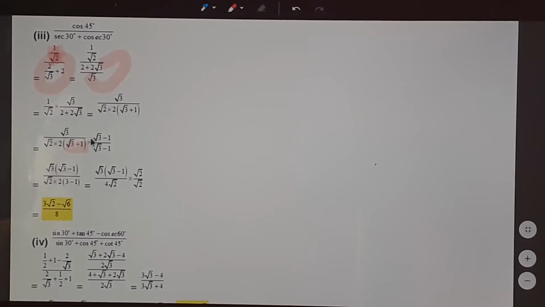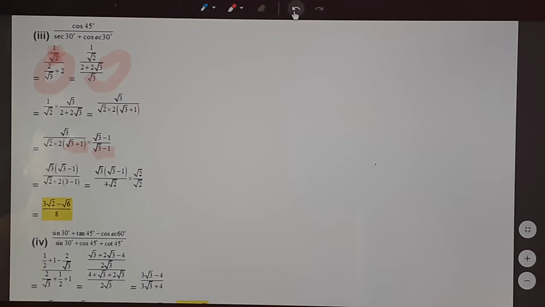So it is rationalized by multiplying with root 3 minus 1, root 3 minus 1. You know the method of rationalizing: a plus b, a minus b gives a square minus b square, that is 3 minus 1. So after solving and substituting all the values, you will get 3 root 2 minus root 6 by 8.